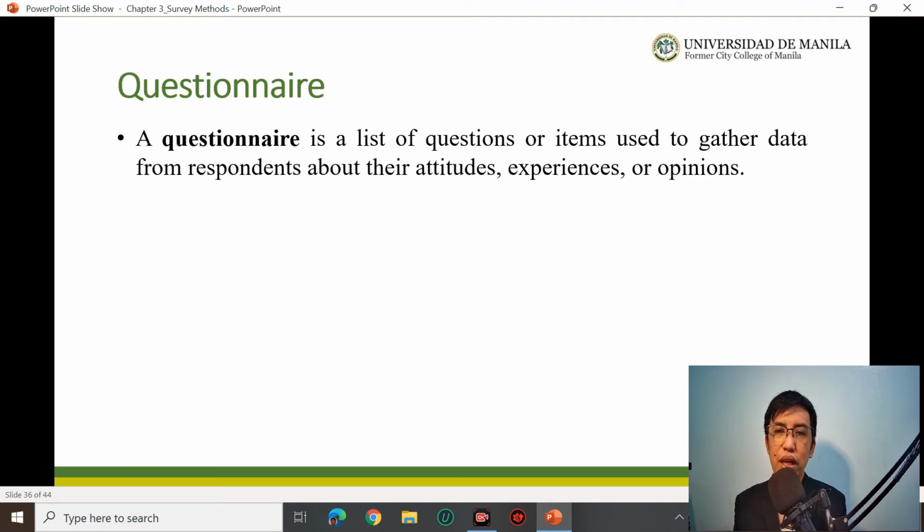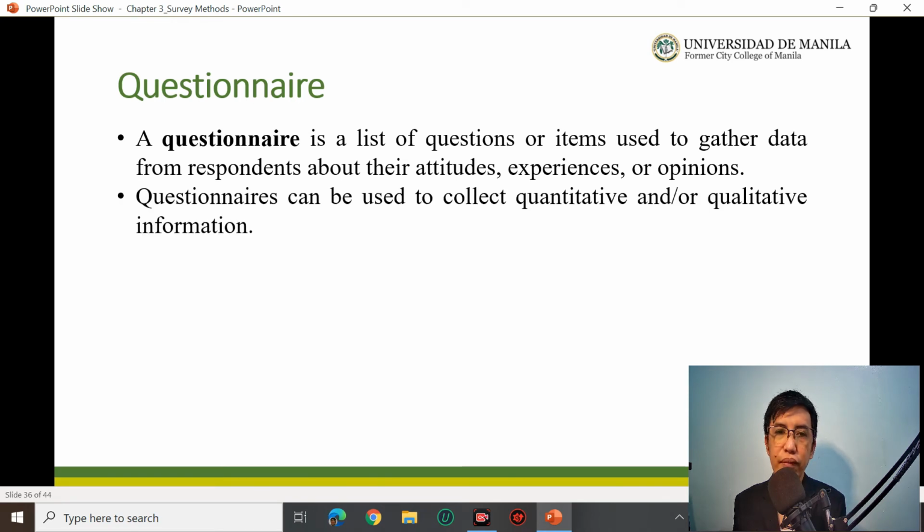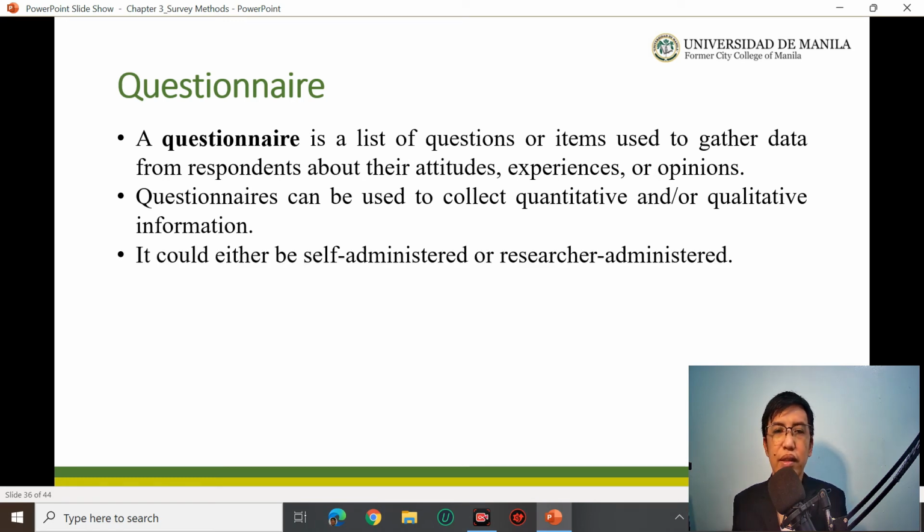While a questionnaire is the tool for the data collection. A questionnaire can be used to collect quantitative or qualitative information. Okay? And it could either be self-administered, yung makikita nyo sa online, di ba? Minsan, sagot-sagot na lang kayo doon. Or researcher-administered. Yung mismong researcher yung nagbigay ng questionnaire.